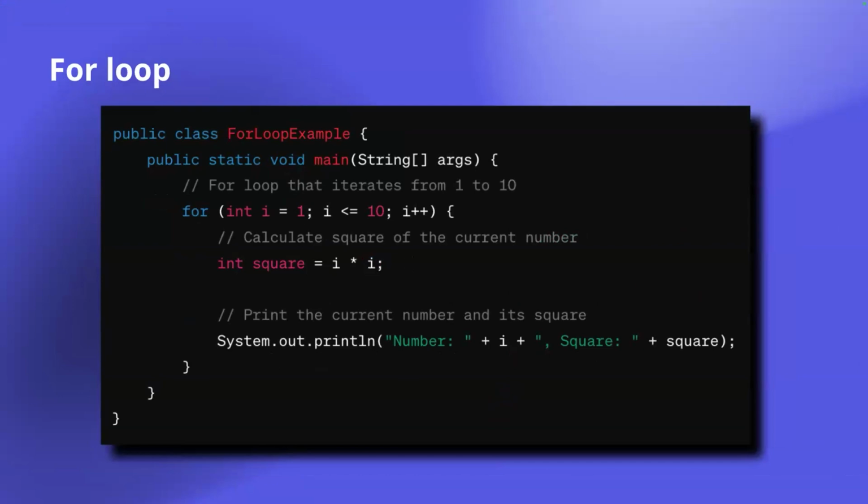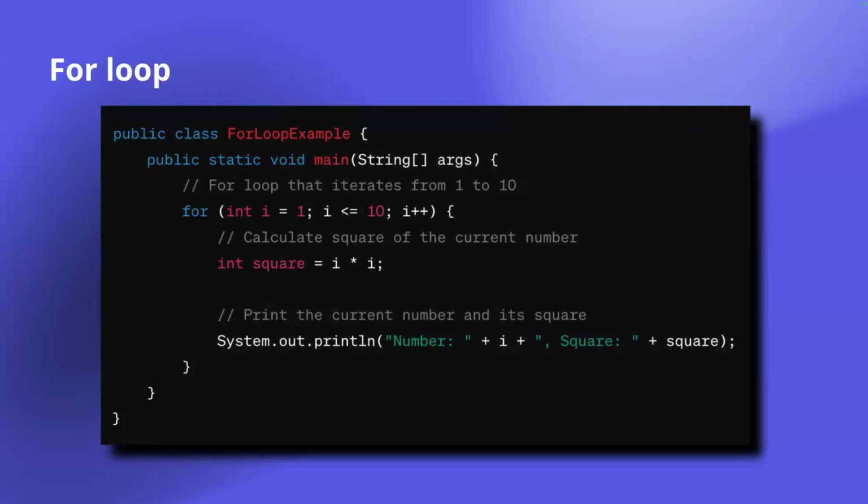Please go on. Yeah, so we've got a for loop. We create a counter, which begins from 1. Then we have a condition that i should be less than or equal to 10, and we've got i++. That means that i grows by 1 per cycle.